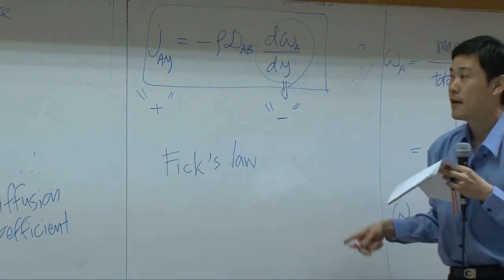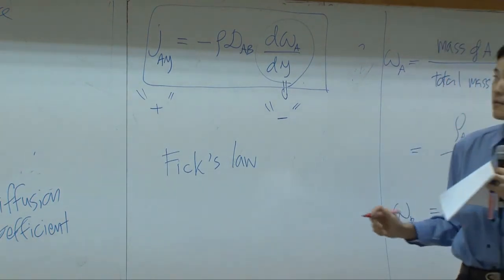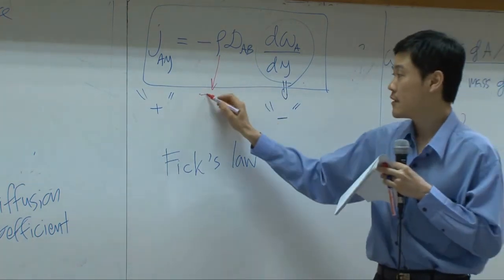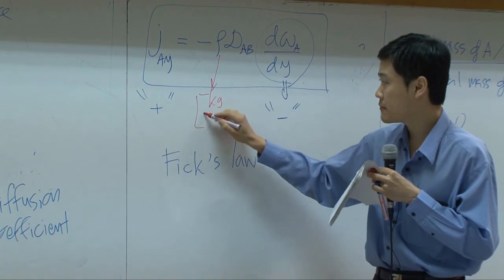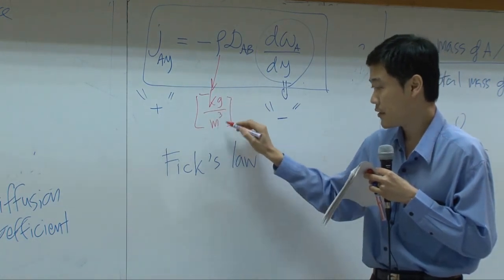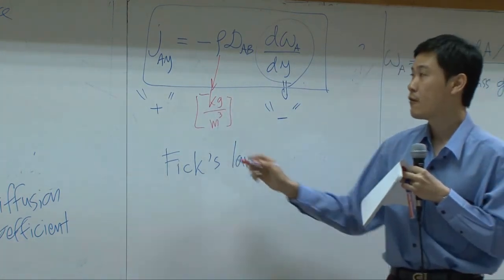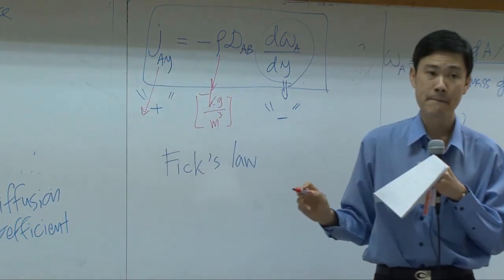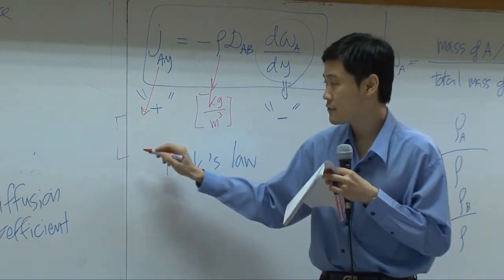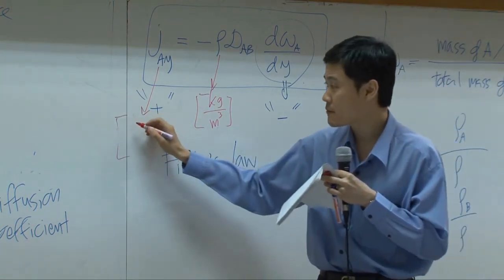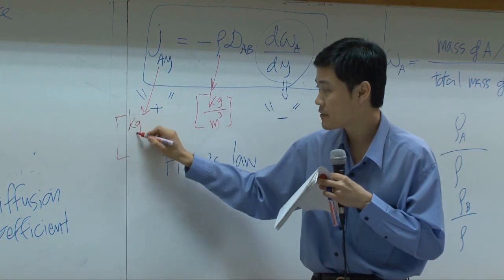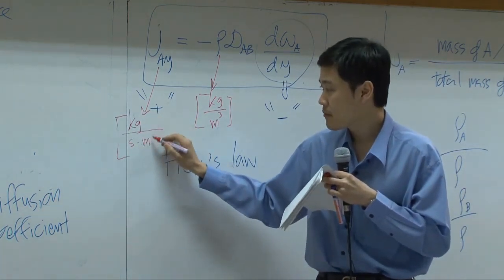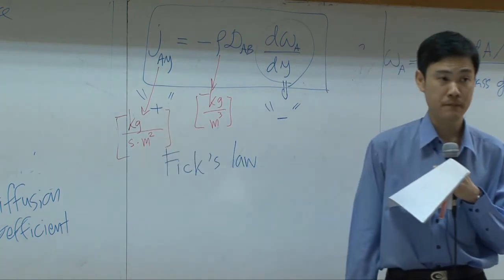Now, if you look into the units, what is the unit of rho? The unit of rho is kilogram per cubic meter. What is the unit of J_A? It's mass flux, right? So mass flux is supposed to have units of mass per time per unit area.